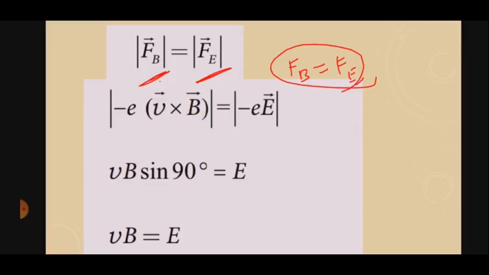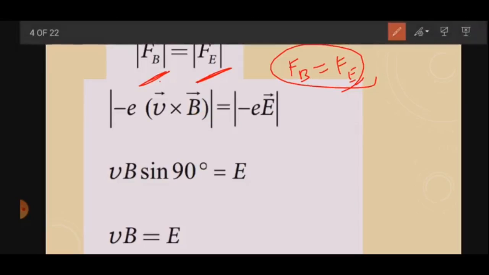Writing it in magnitude form, e into v cross B equals e into E. Here the magnetic field and velocity are perpendicular to each other.